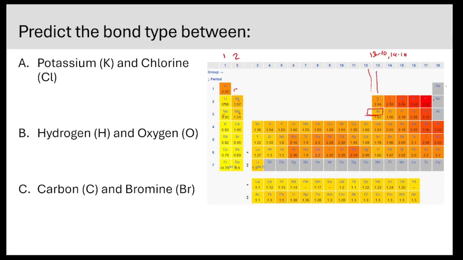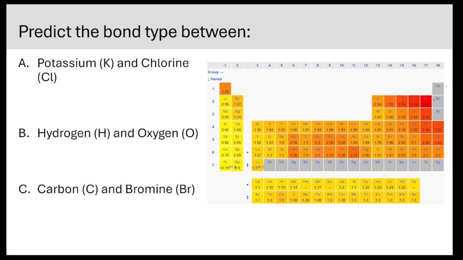Let's look at one more problem here. Predict the bond type between potassium and chlorine. Now we have to predict the bond type between different materials.